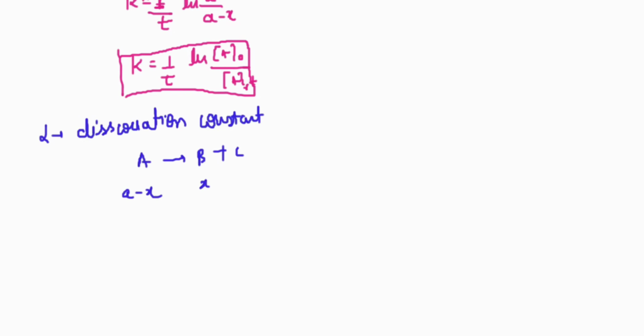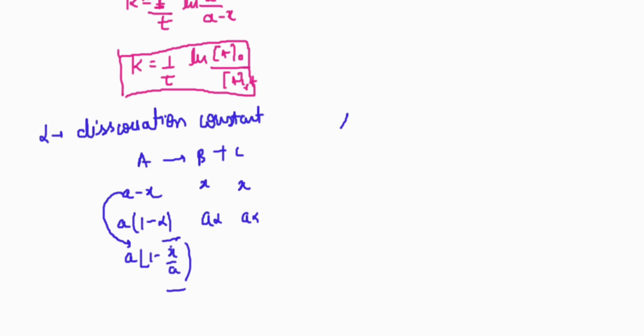If we have alpha as the degree of dissociation, we write it as a(1 minus alpha), a alpha and a alpha. Taking a common, we get a(1 minus x by a). So if we compare, we get alpha equals x by a.